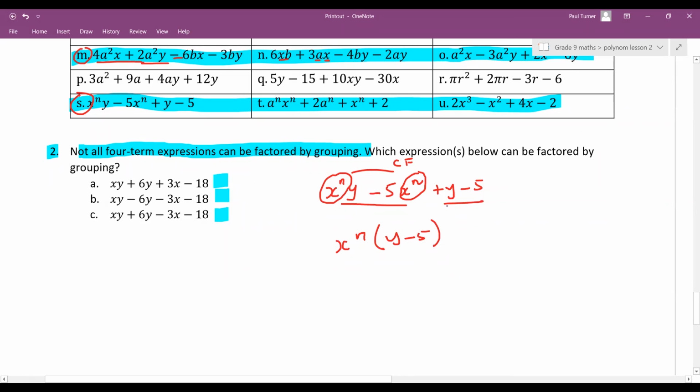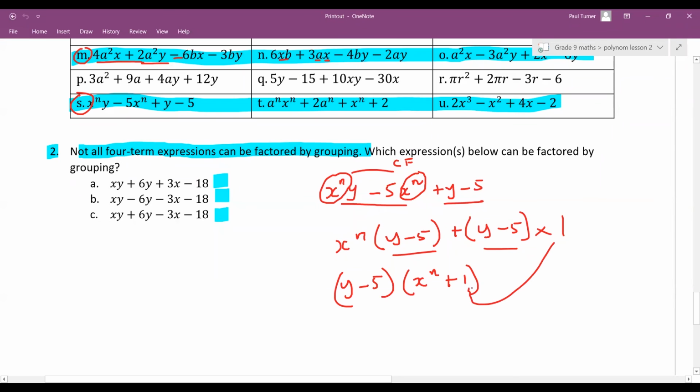And then this is going to be plus. Now this is already y minus 5. So what I like to do is put that in a bracket, y minus 5, like that. So these are your common factors now. So write your y minus 5 in the front, and xn plus 1. Don't forget the plus 1, because there is a 1 here, which we never write. So that 1 would be here. Okay.